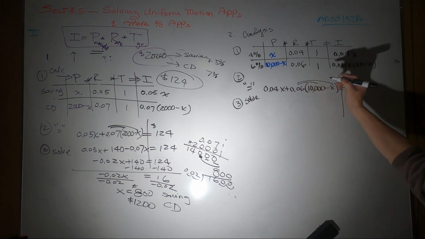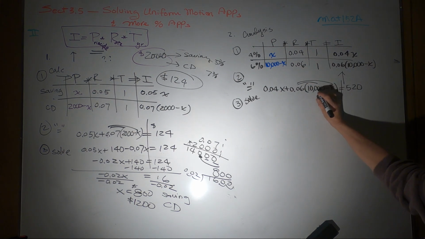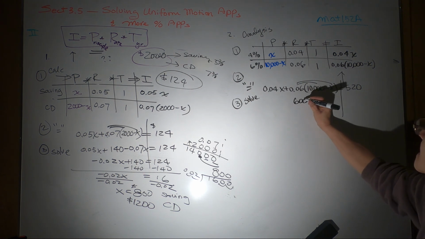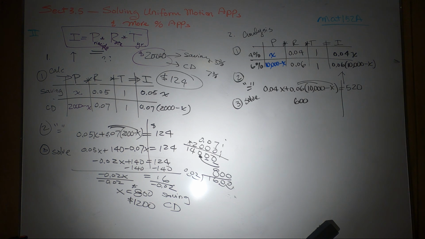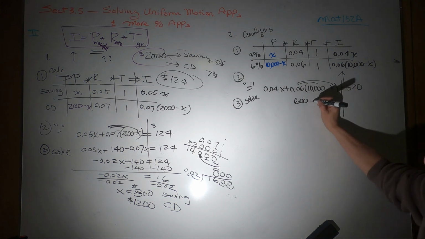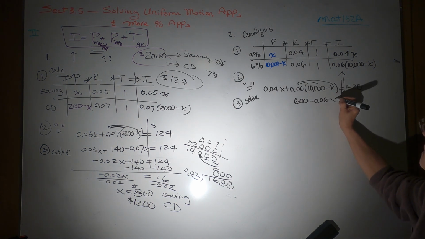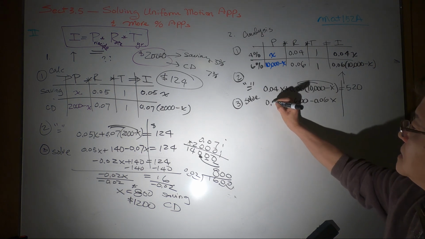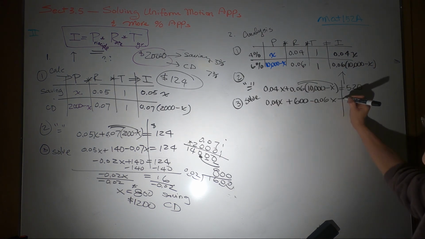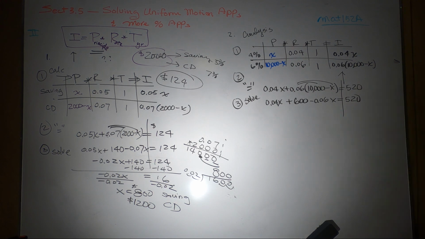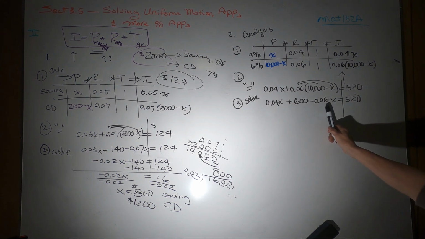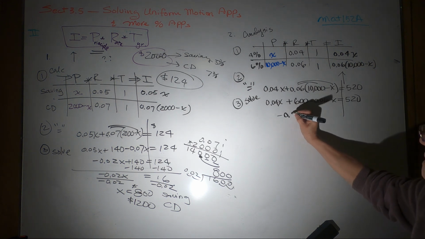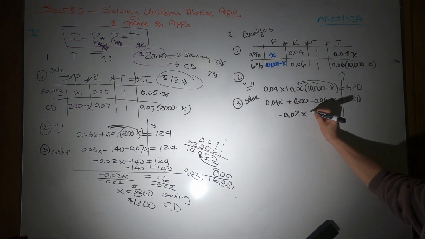So you distribute, that will be 2 decimals, that will be 600, right? Make sure you know how to multiply your decimals. Okay, plus 0.04x equals 520, right? Then 0.04 minus 0.06 is what? Negative 0.02x, right?